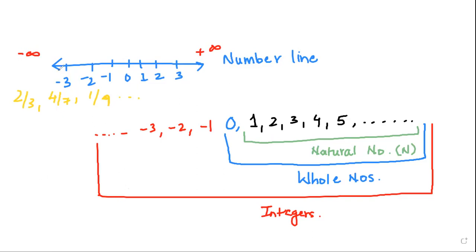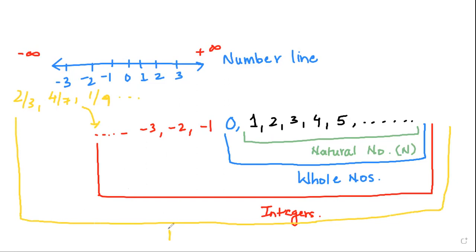So when you include all these fractions into this set, it is what is known as real numbers, the whole set. We'll come to rational and irrational numbers in a bit, because how you distinguish those two is based on a different criteria, but they both fall under real numbers.